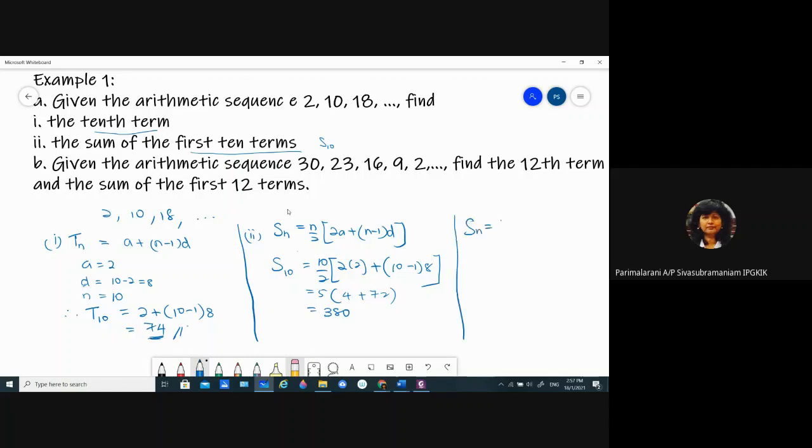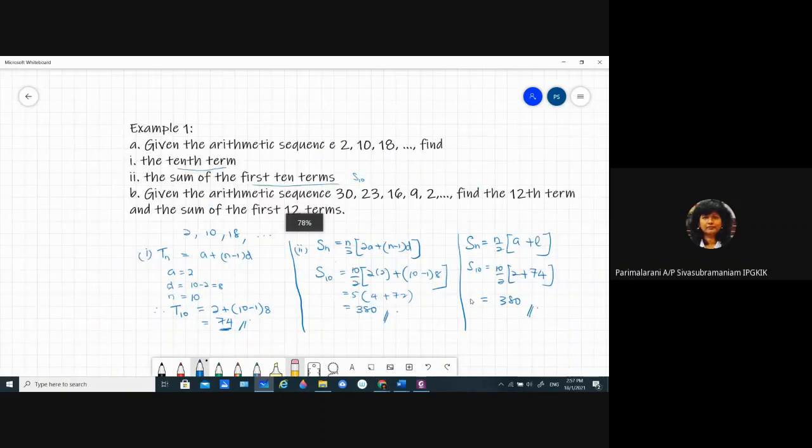Sn is equal to n over 2 times a plus l, correct? The last term is the 10th term if we only consider the first 10 terms. So S10 is 10 over 2, first term is 2, last term is 74, the 10th term. So this is 380, the same. So we can do either formula.